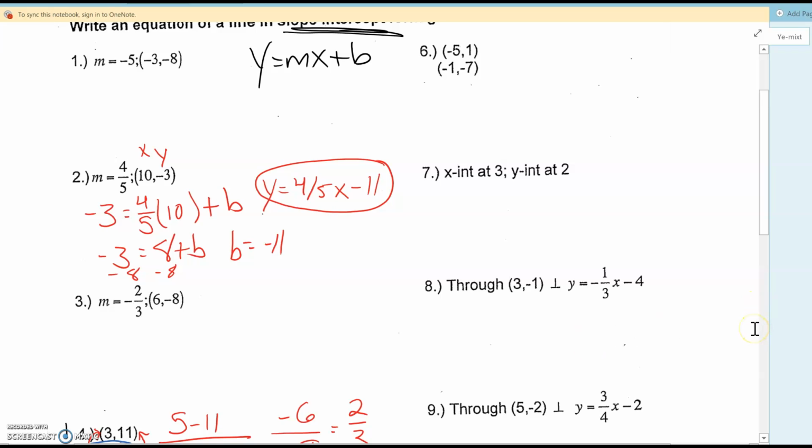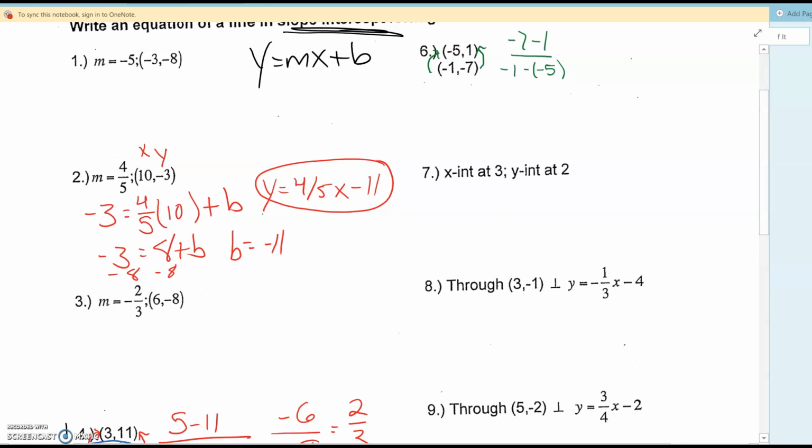All right, same type of thing. You've got to find your slope first. So I'd have -7 minus 1 over -1, now I have minus a -5.